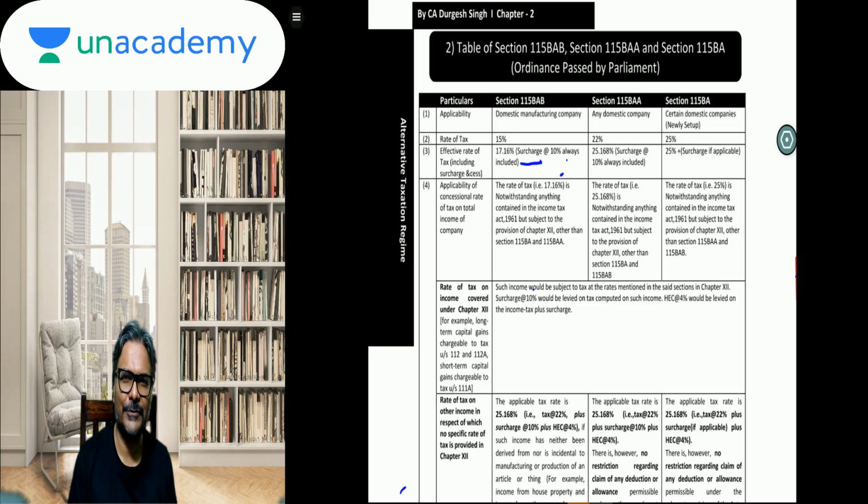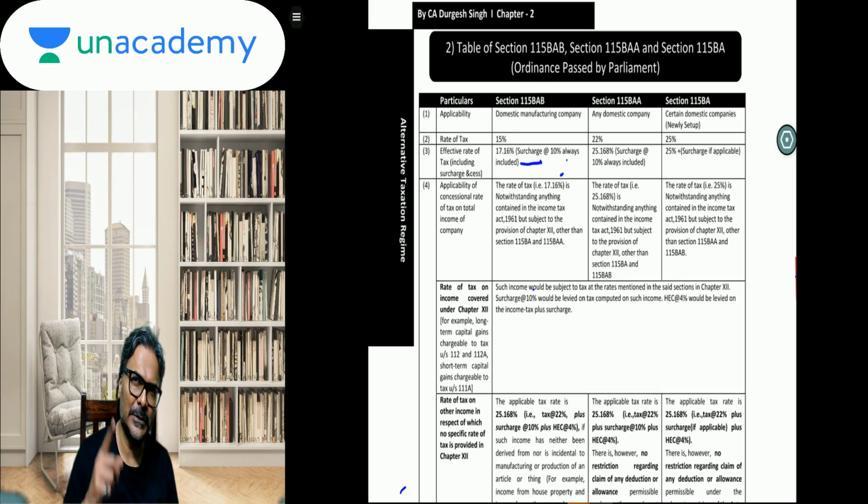Students, the alternate tax regime has been introduced, a few cases were introduced with effect from assessment year 2021, and thereafter for assessment year 21-22 and onwards, certain new cases of alternate tax regime have been introduced.